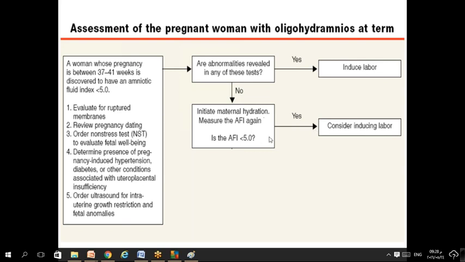You repeat the scan again, especially after telling the woman to drink a lot, because there is a relation between hydration status and the amount of amniotic fluid. So this can be an advice if you didn't find any cause.